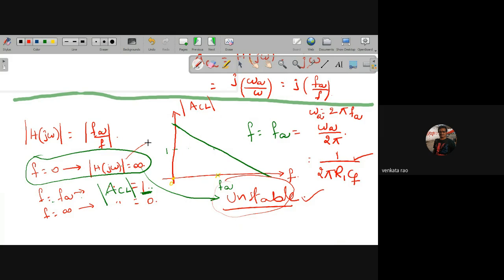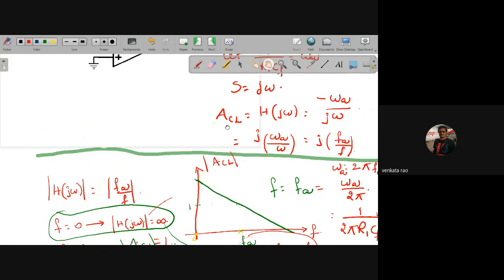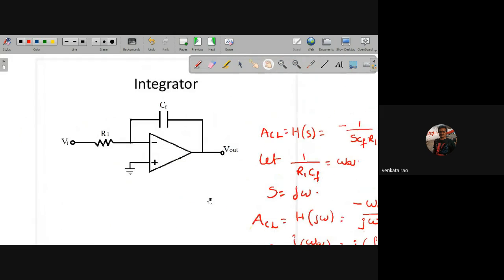But from the circuit point of view, how can I understand that instability? That problem arises at low frequency. At f equal to 0, at low frequency, that problem of instability takes place. Yes or no? Yes, sir.